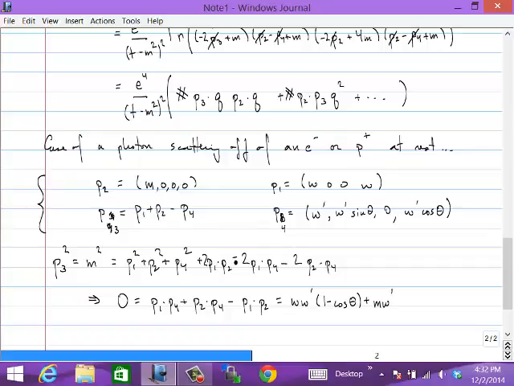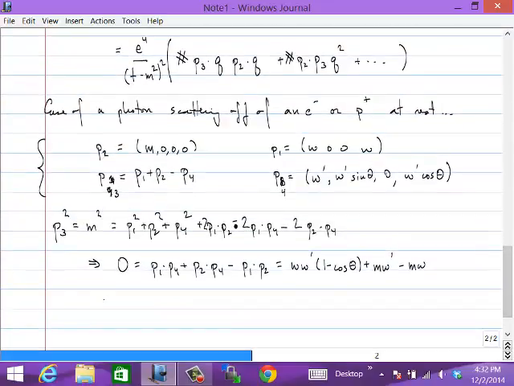And the third term is m omega. So you can then use that to go ahead and solve for omega prime in terms of omega and theta. So let's see, that's omega prime is omega over 1 plus omega over m times 1 minus cosine theta.